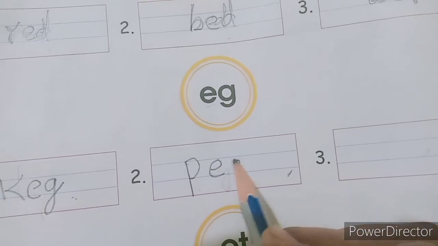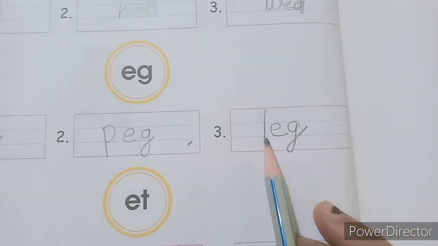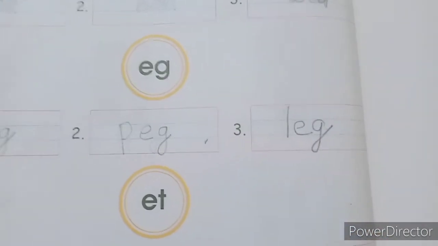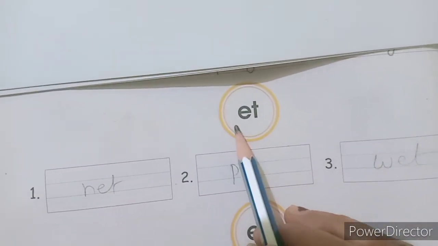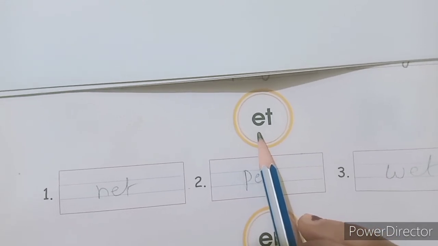Now here what will we write? P-E-G. Peg. Third we will write L-E-G. Leg. Okay. What do we have to write here? L-E-G, leg. Okay. Yes. Now E-T.